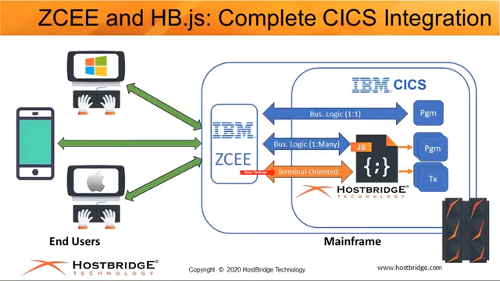Or maybe you even want to build an API that requires you to run both a business logic program, a few COMMAREA or a few terminal-oriented transactions, and then maybe go directly access some DB2 data. And then you can return the response to the API request. That sort of design pattern requires something running on platform to be able to do that bit of orchestration, do that bit of automation on your behalf.